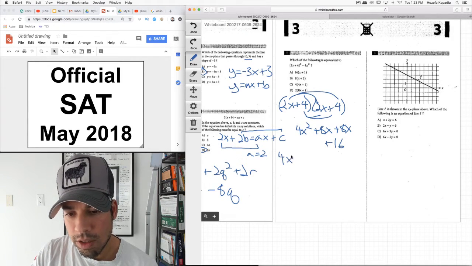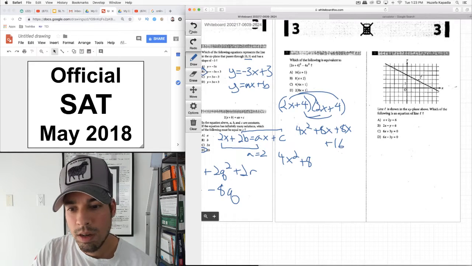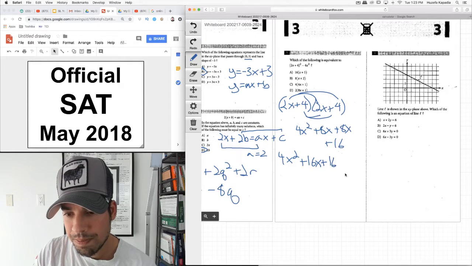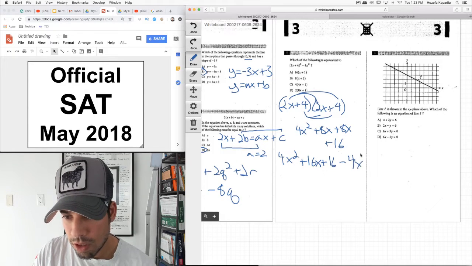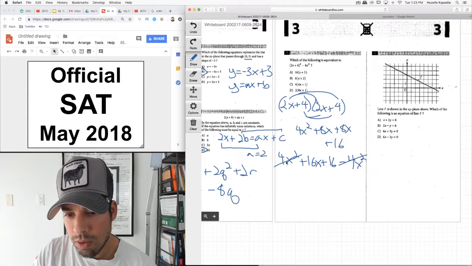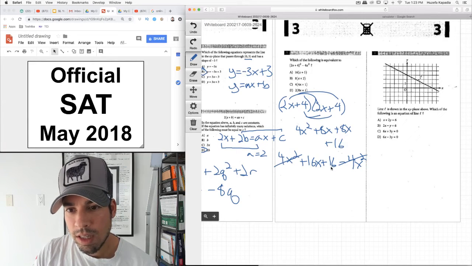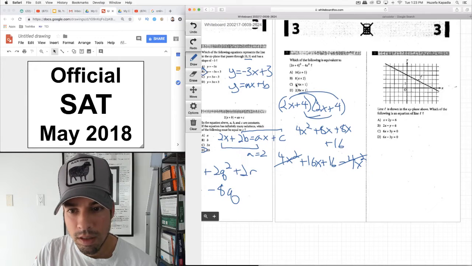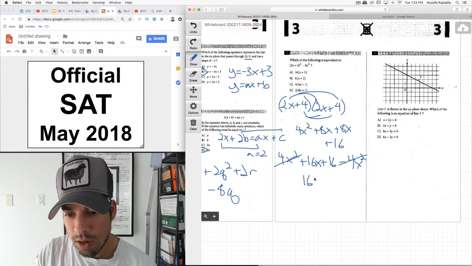Oh, sorry, combine these two: 8x and 8x is 16x, plus 16, minus 4x squared. These guys cancel out, right? And then it's just 16x plus 16. And then I have to factor again. I factor 16 out, and I'd get x plus 1, which is this one.